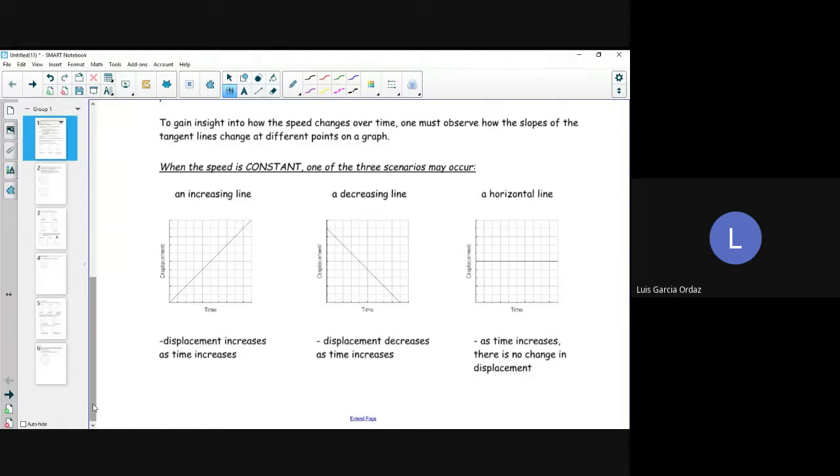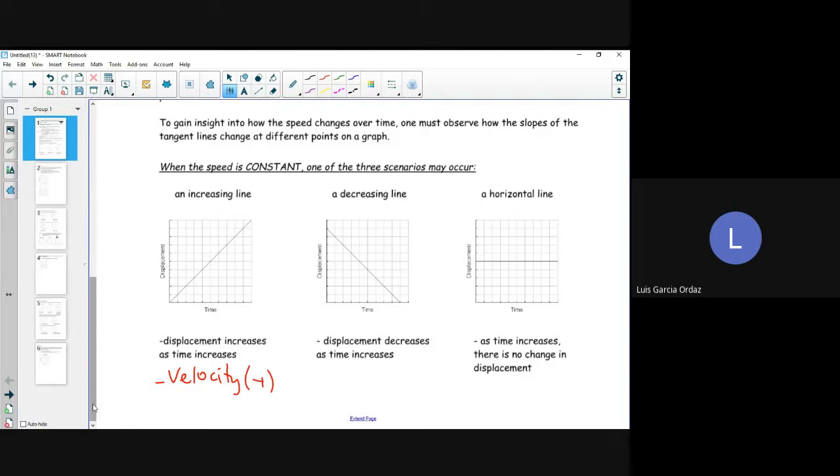So when we have an increasing line, the displacement increases as time increases, which means the velocity is positive, which means your velocity keeps on increasing.